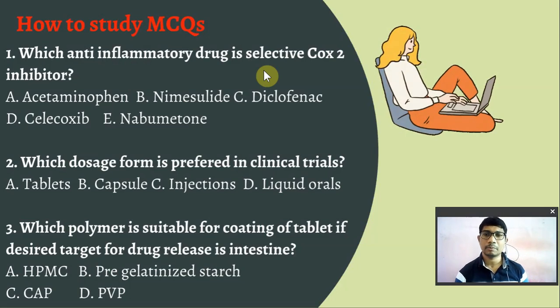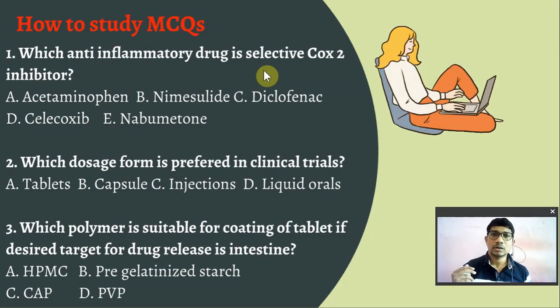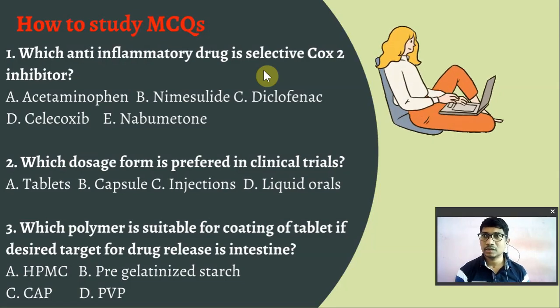Now what is the mechanism of action? It is a COX inhibitor. It is a selective COX-3 inhibitor in the brain. So the COX-3 enzyme in the brain is inhibited by paracetamol, and that inhibition of COX-3 is also responsible for its antipyretic effect. Remember this.